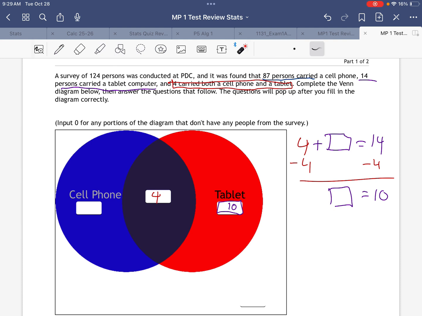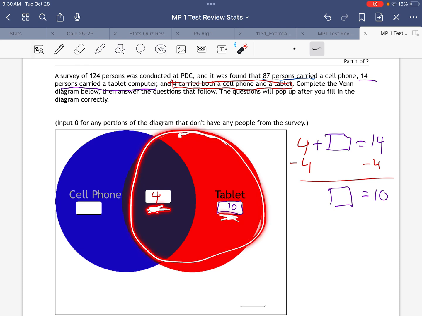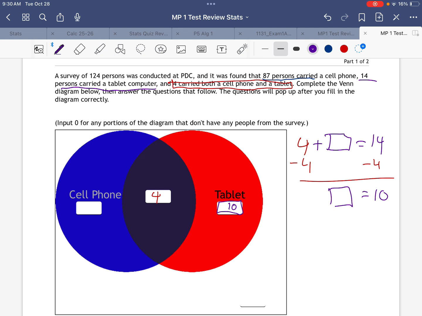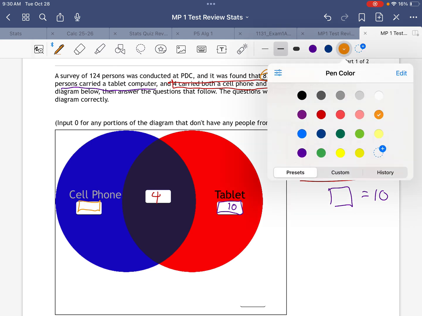So together, 14 people in total had a tablet. 4 of them had a tablet and a cell phone, where just 10 of them had the tablet alone. It's the same idea with, let me just grab a different color, the cell phone here. We know 87, they call persons, I would have said 87 people, have a tablet.